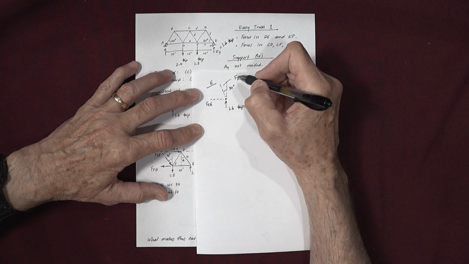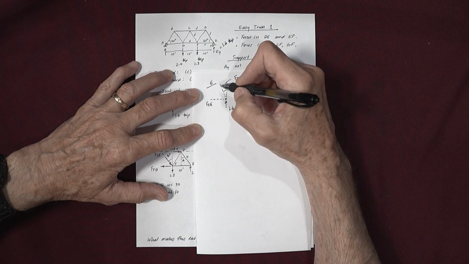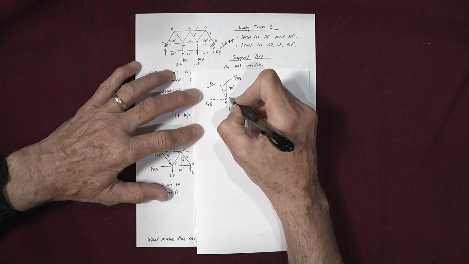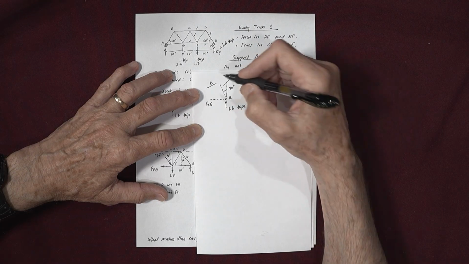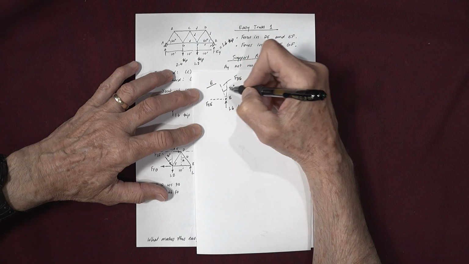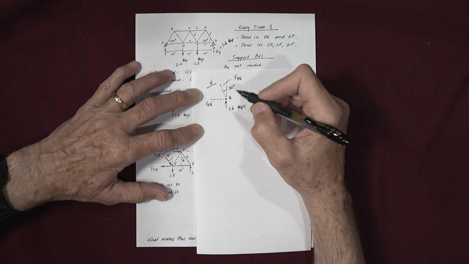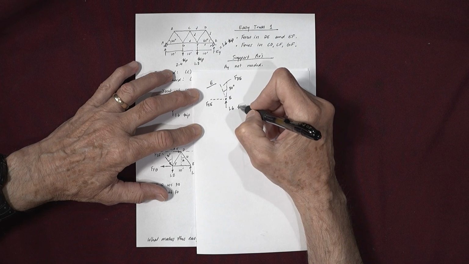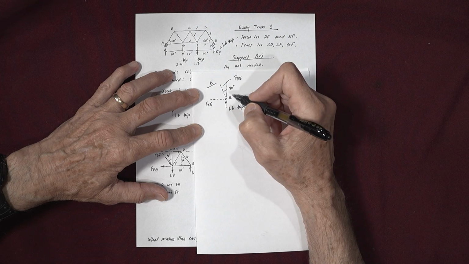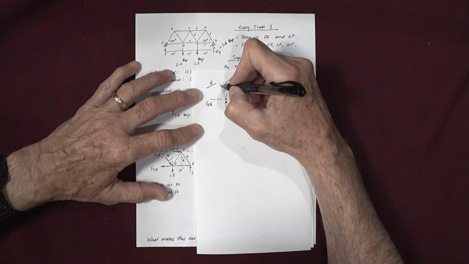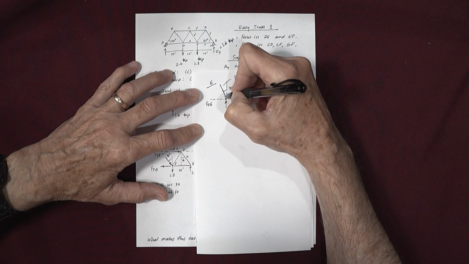And so FDE is either going to pull on joint E, which would mean it's in tension, or it's going to push on joint E, which means it's in compression. But since the support reaction acts upward at E, in order for E to be at equilibrium in the vertical direction, FDE is going to have to push downward.